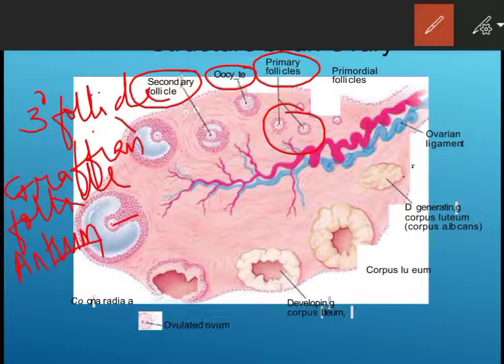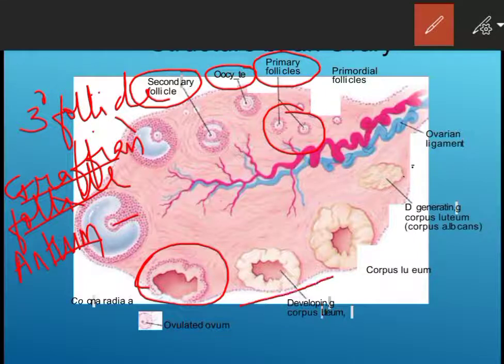So this Graafian follicle ruptures, and ruptures means breaks, and there is release of this ovum, and the left out part of the Graafian follicle is then known as corpus luteum. The corpus luteum develops and finally it gets degenerated. So I hope you have understood this structure.